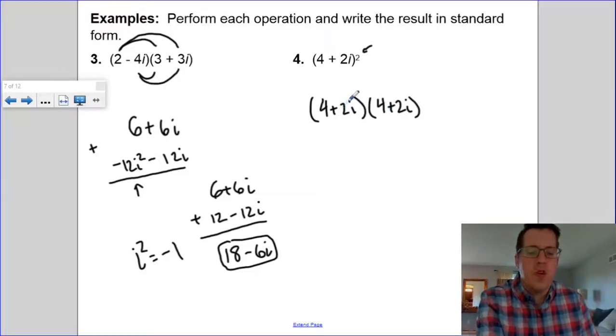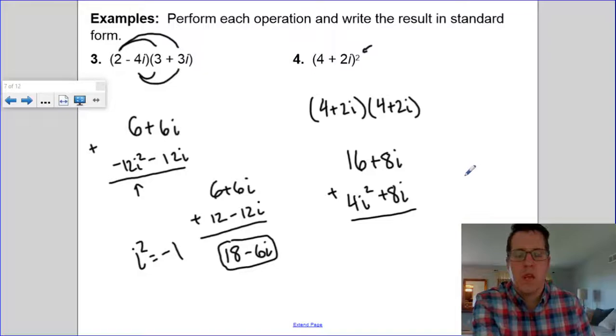So give that one a try yourself. When I FOILed, I got 16 plus 8i plus 8i plus 4i squared. Now remember that this i squared is negative 1, so this is actually negative 4, the pure real number, which gives me 12 plus 16i.